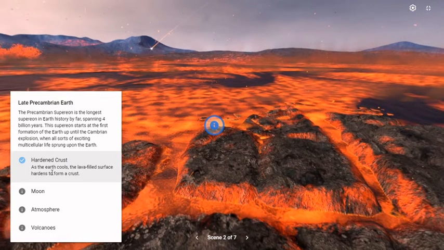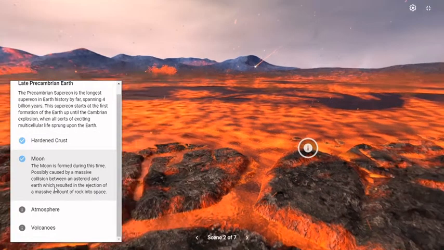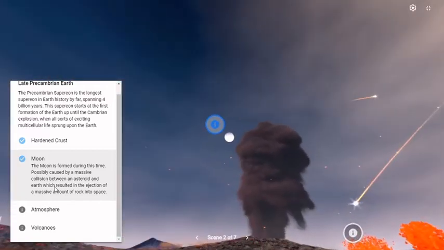Hardened crust. As the Earth cools, the lava-filled surface hardens to form a crust. Look at that. The Moon is formed during this time, possibly caused by a massive collision between an asteroid and Earth, which resulted in the ejection of a massive amount of rock into space.